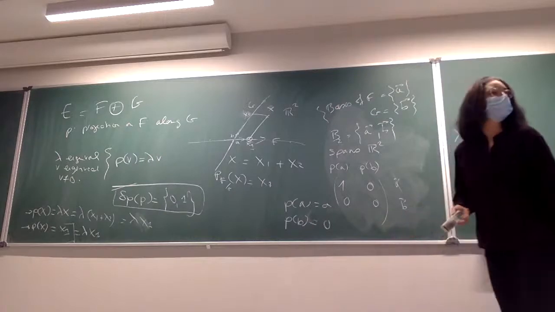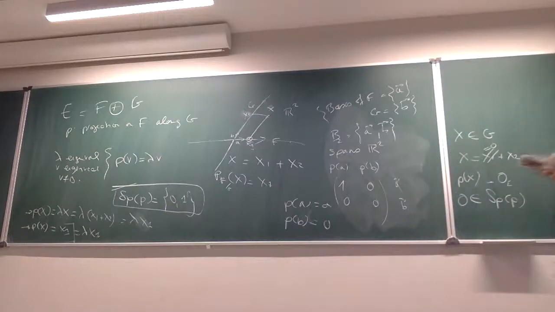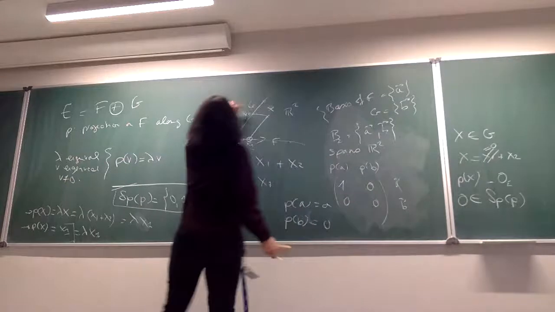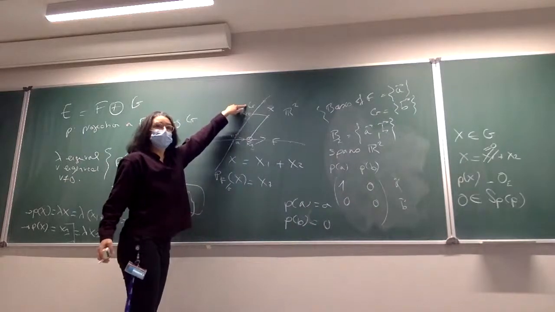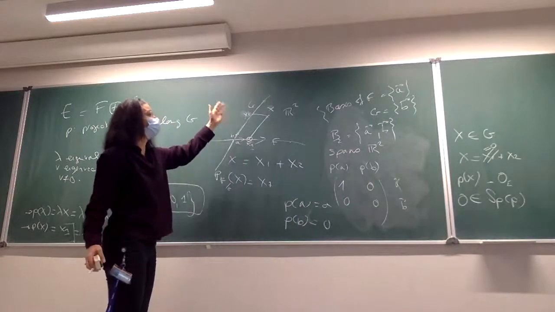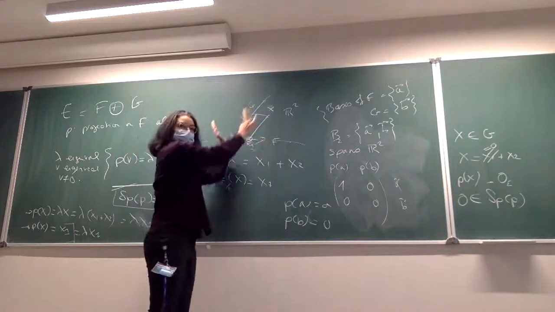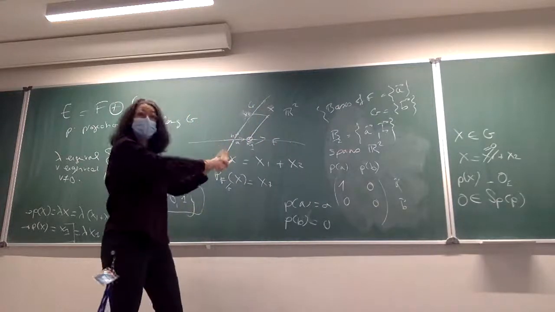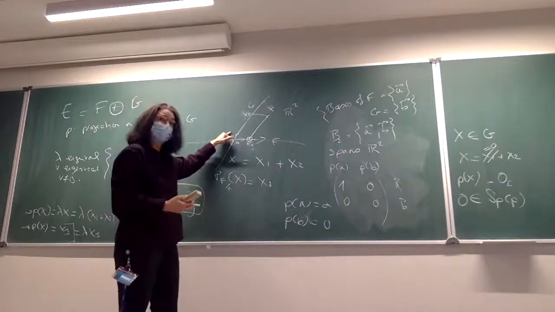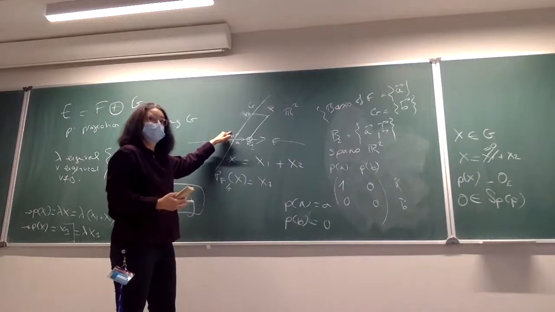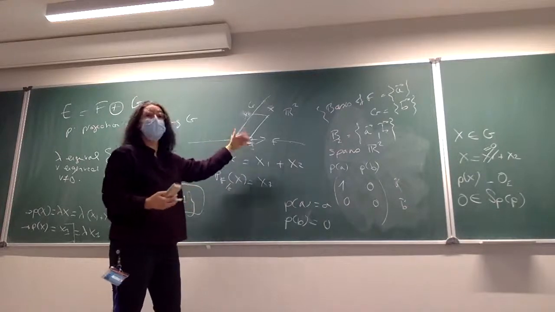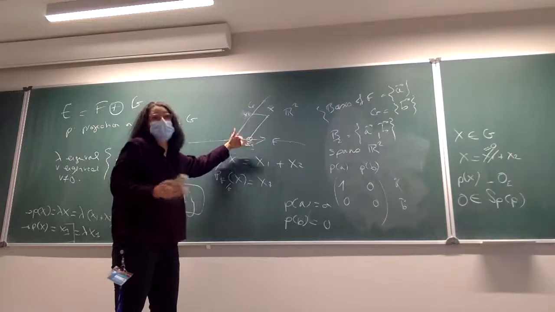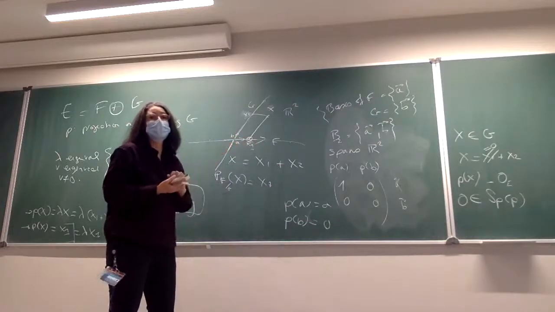Why is P of B 0? Because B is something that belongs to the G space. So if I use the decomposition as x1, x2, B has no x1 and its x2 is itself. Okay, and similarly, A has no x2, but its x1 is itself, it's A.